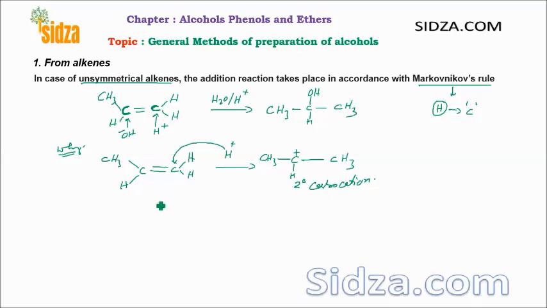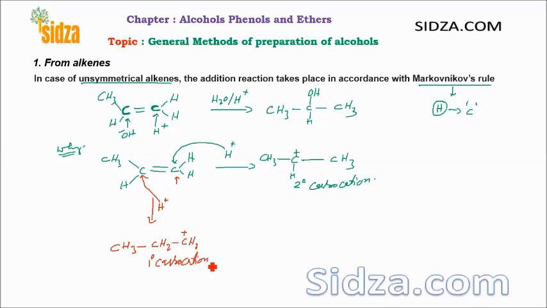And what if the hydrogen goes to the carbon with fewer hydrogen atoms? In that case, the carbocation will be formed over here, and the intermediate will be CH3, then the central carbon CH2, and the terminal CH2 positive. Now this is a 1-degree carbocation.